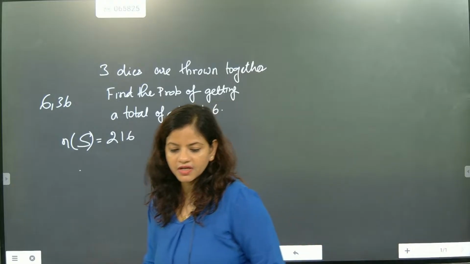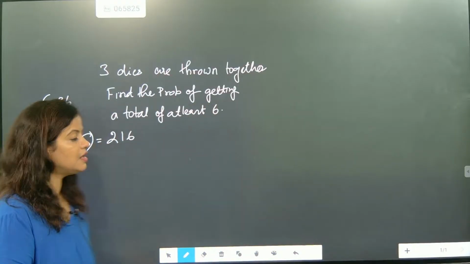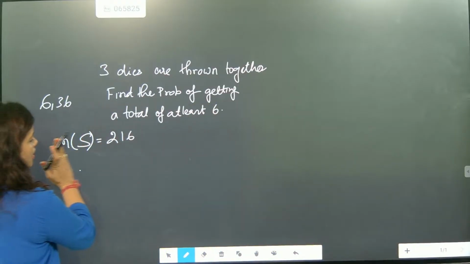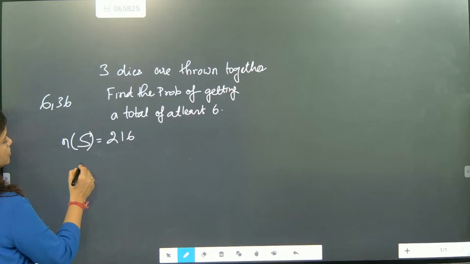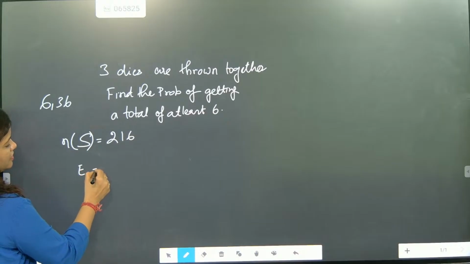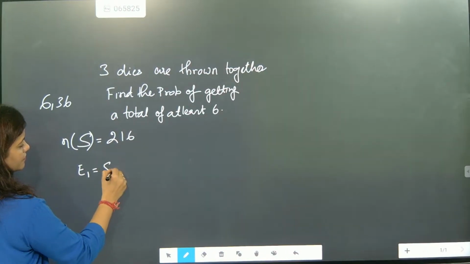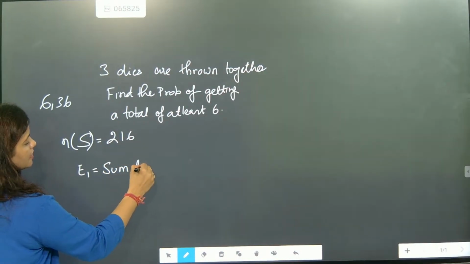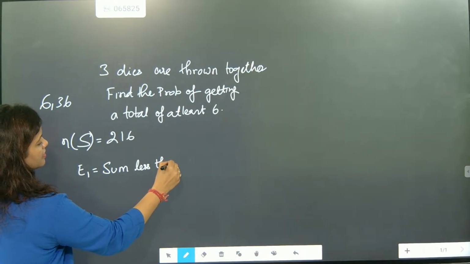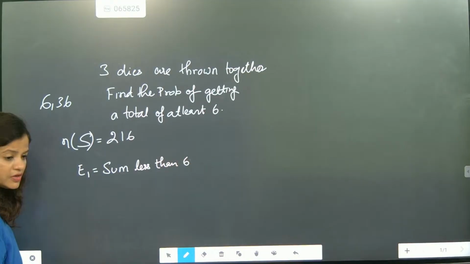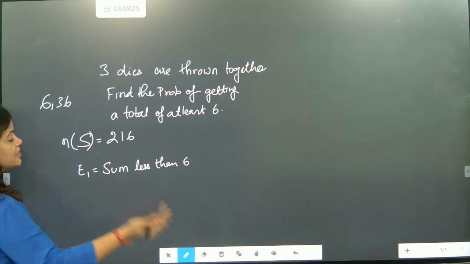When can we get 6 and more than 6? So first we need to find less than 6. If we are finding less than 6, we will write event E1: sum less than 6.